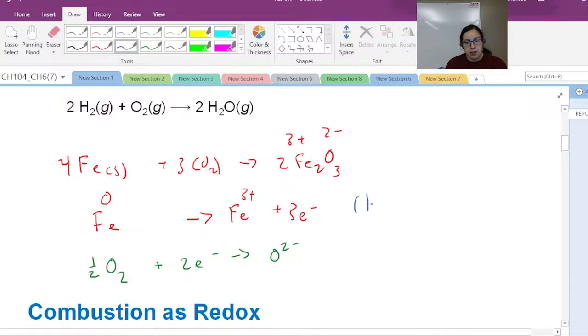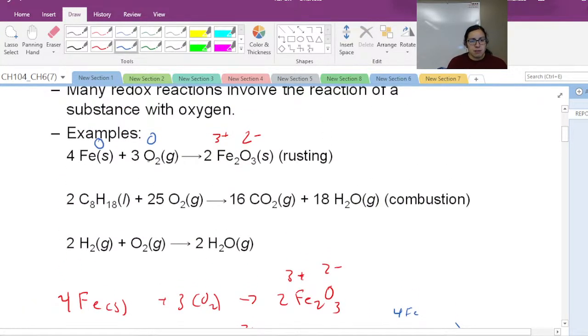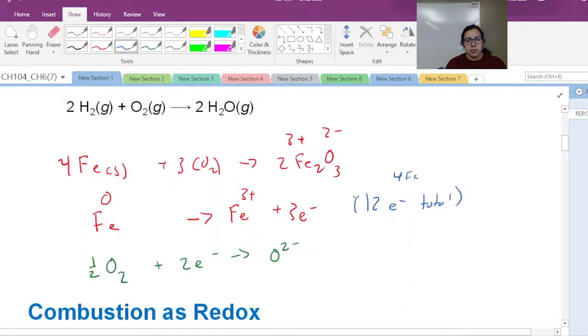So we have 12 electrons total in this process from our 4 irons. And then with our oxygen, we have 6 of them total, each gaining 2 electrons, so 6 times 2 gives us 12 electrons as well. And so it makes sense that it should be balanced.